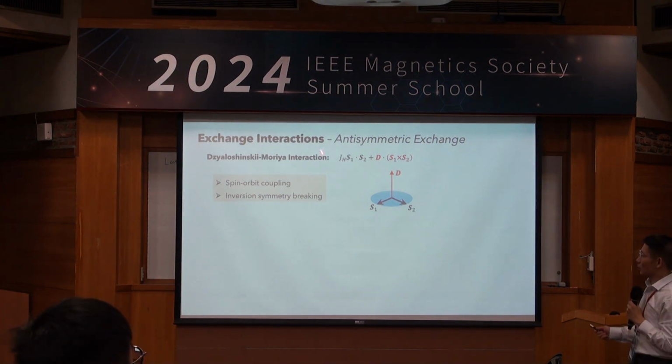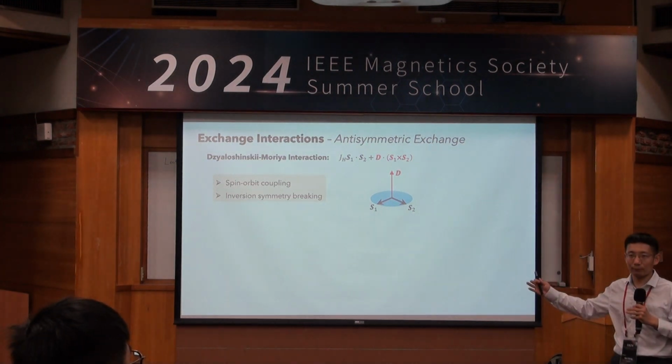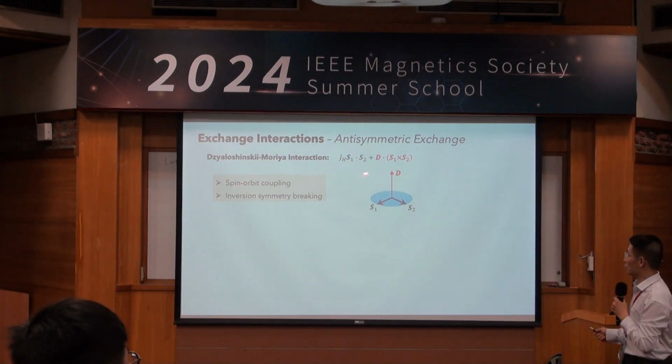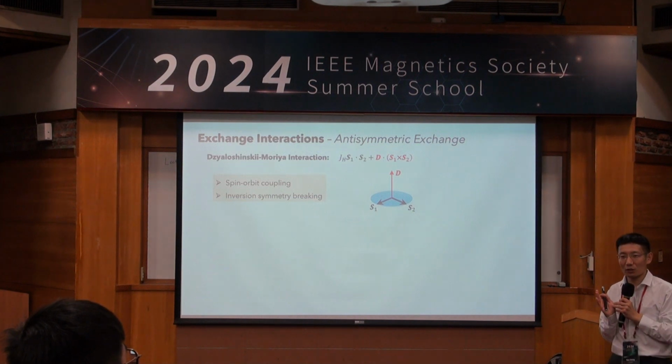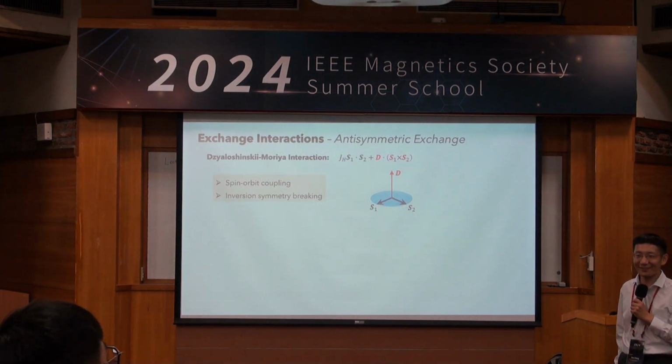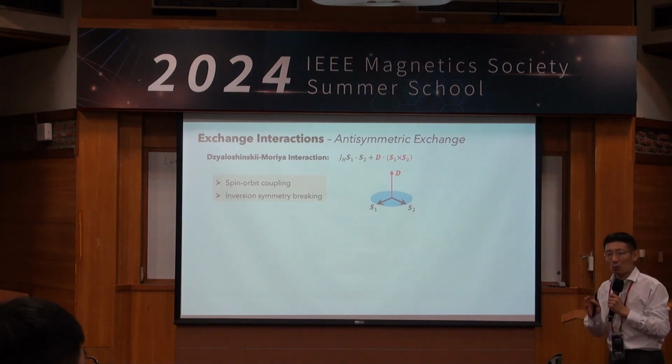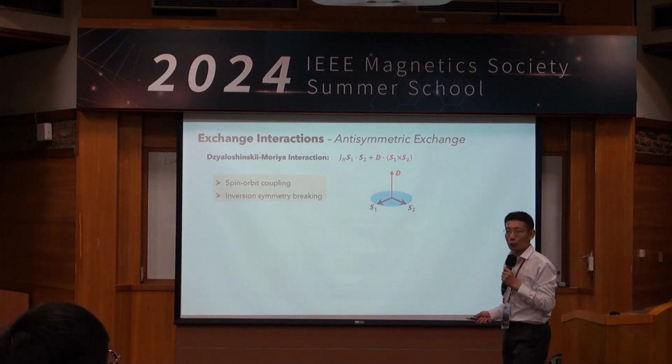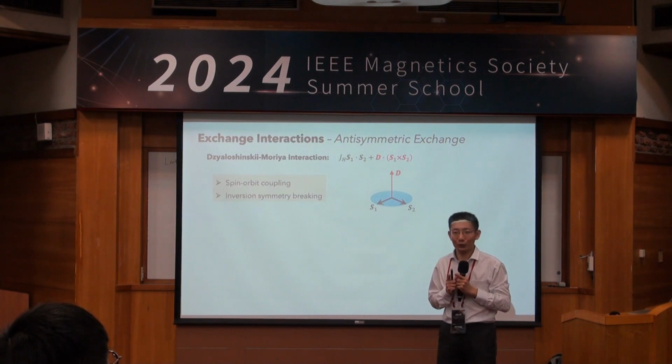And by minimizing the whole energy, including all participating terms, you are able to determine the relative orientation of the spins. So the D vector should be determined first. Okay. And the way to determine the D vector could be very complicated in real materials.